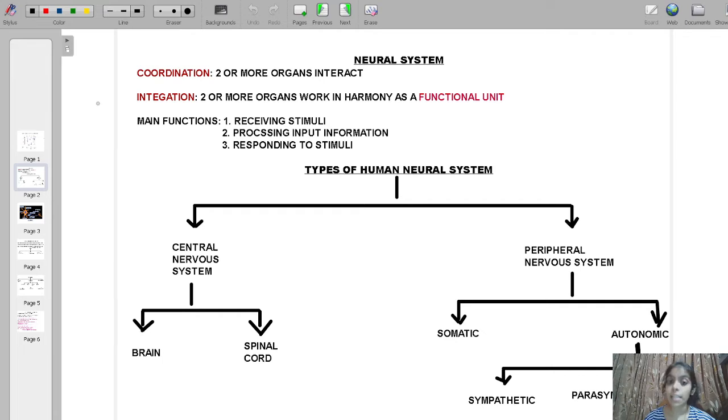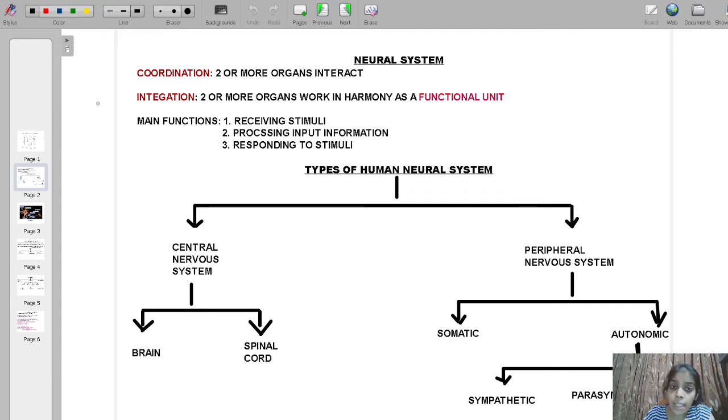Nervous system controls the activities of the different other systems in the body. Not only controls, it also maintains coordination. Otherwise, our activities would have been very erratic, abnormal, and random. So nervous system is a coordinator.